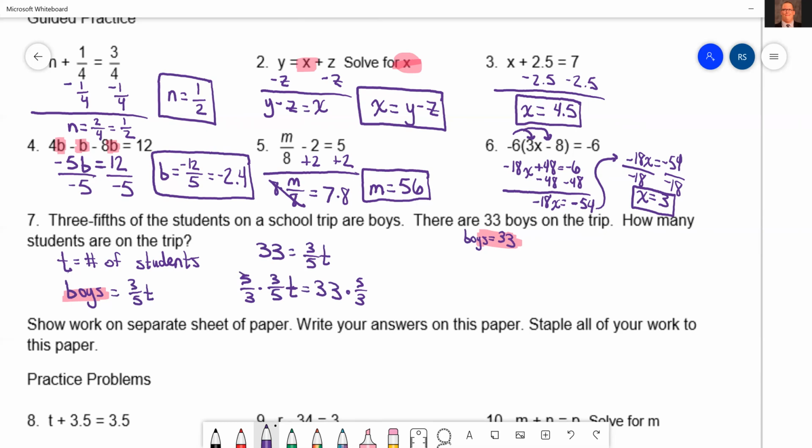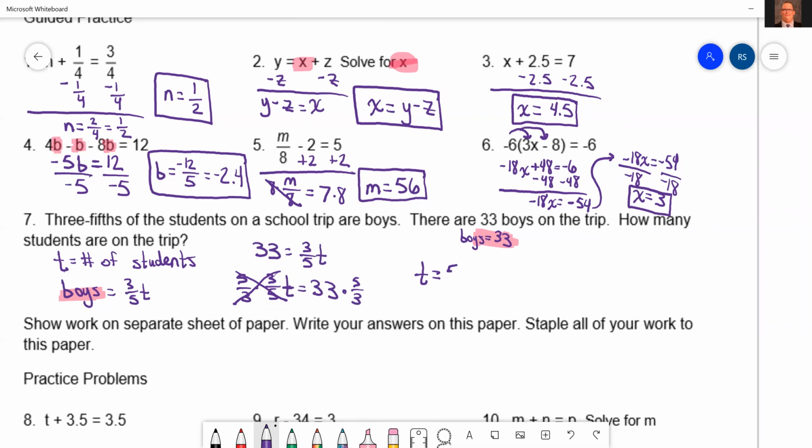So we flip. Those go away. That's going to leave us with T equals 33 times 5/3. That'll get us 55.